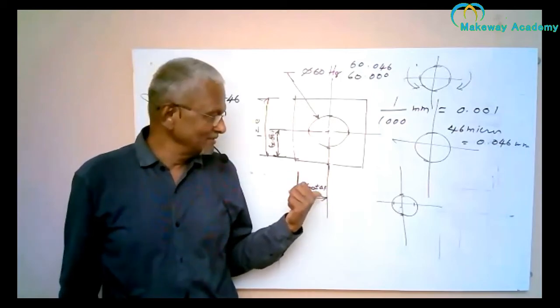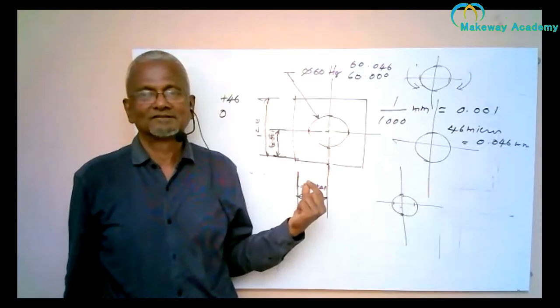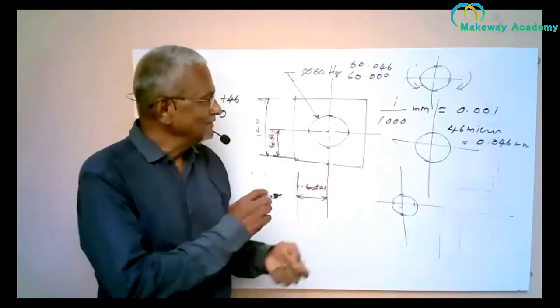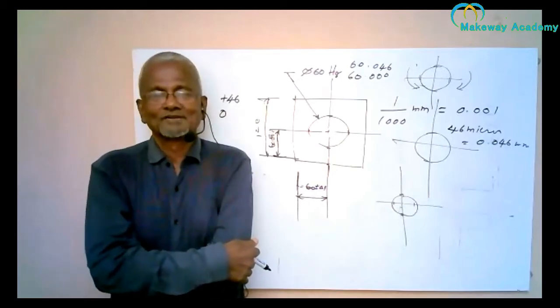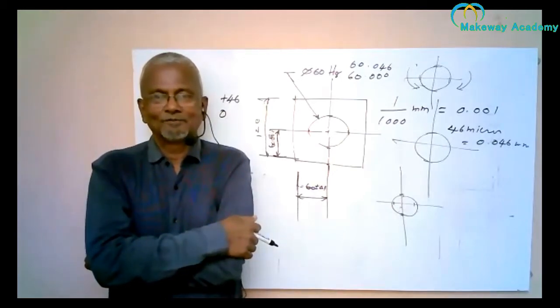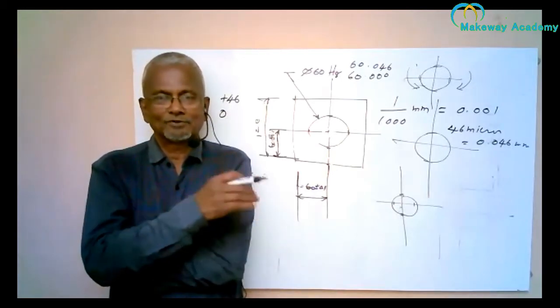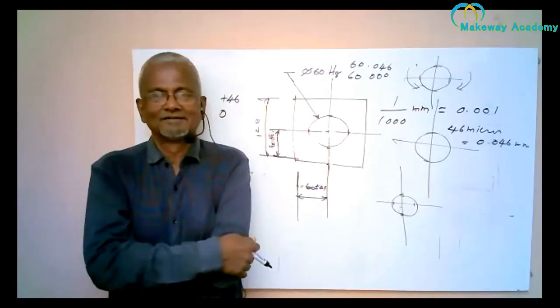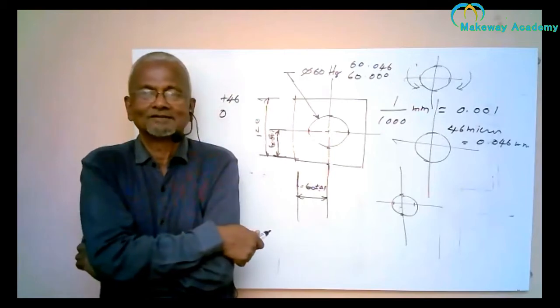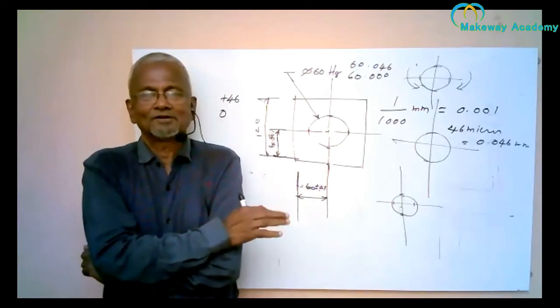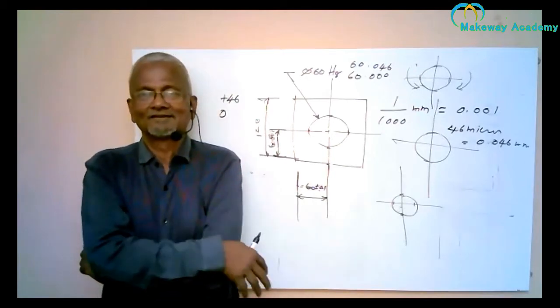Plus or minus some tolerance will not correctly locate the hole. So here a tolerance is given. Location tolerance is plus or minus 0.1 as per this drawing. But normally they don't do it this way.